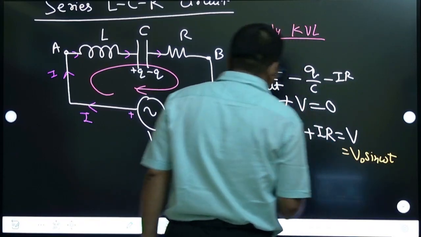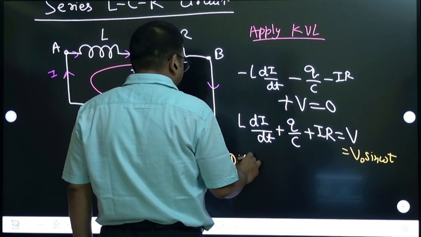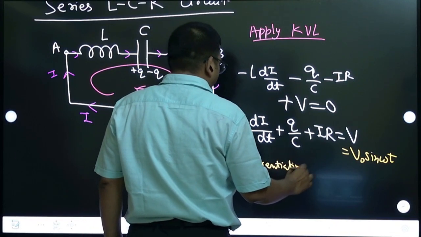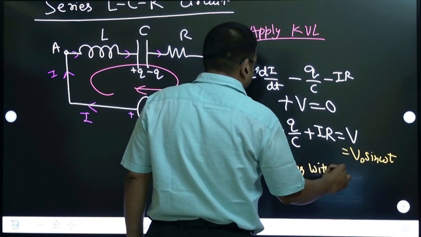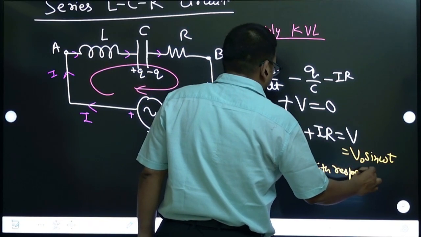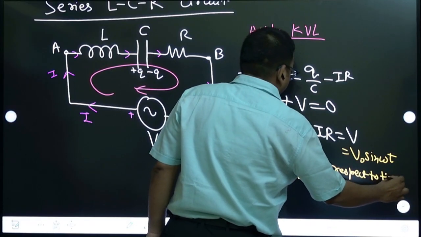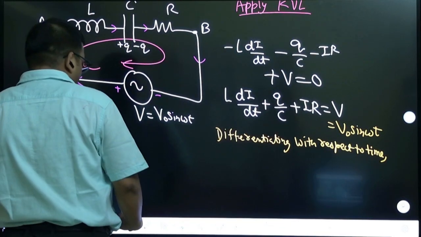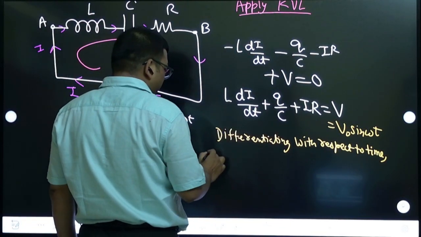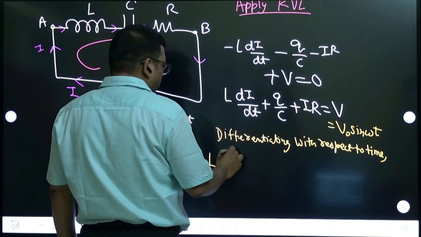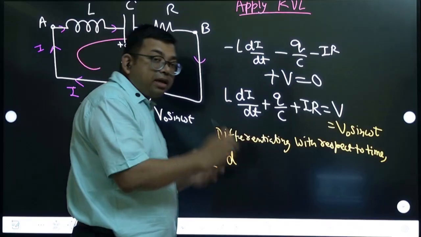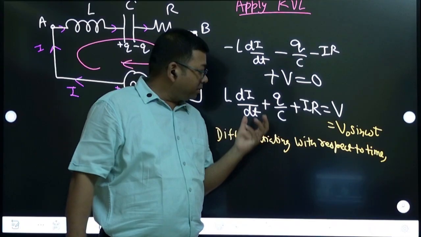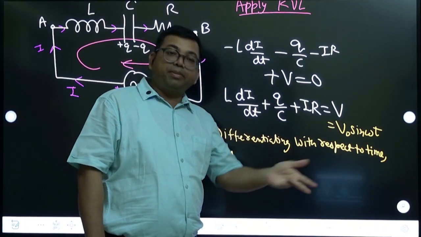Differentiating both sides with respect to time. On this side, L comes out as constant, and the differentiation of di by dt will become double differentiation, because you are going to differentiate di by dt.